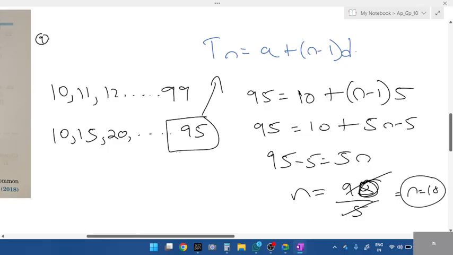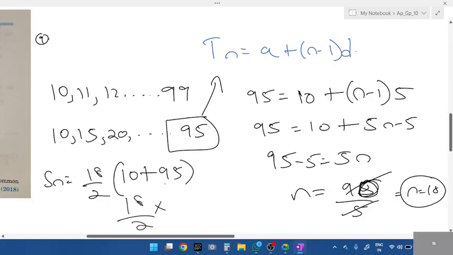It goes 18 times, right? Sn is equal to 18 divided by 2, into first number 10 plus last number 95, which is 105.